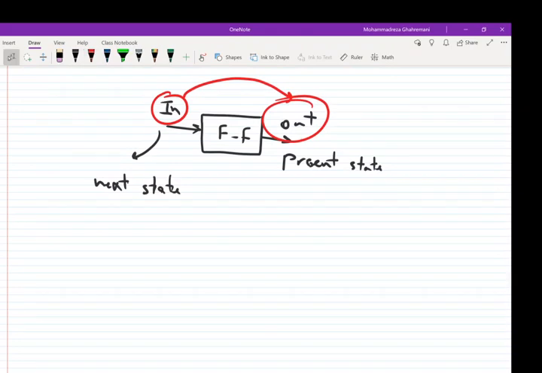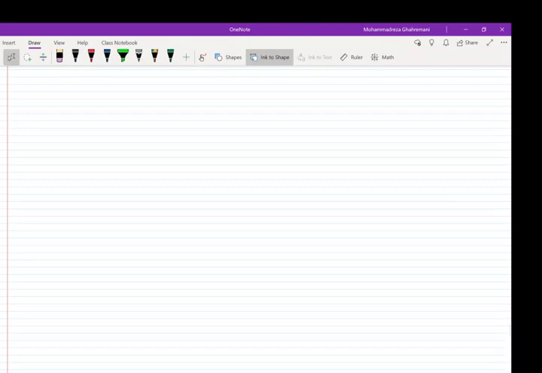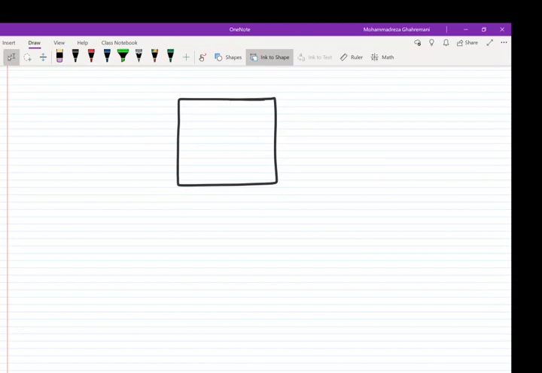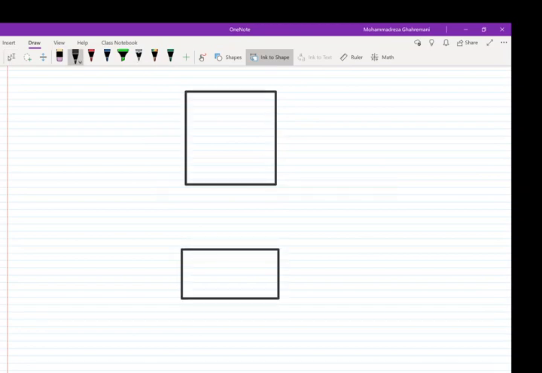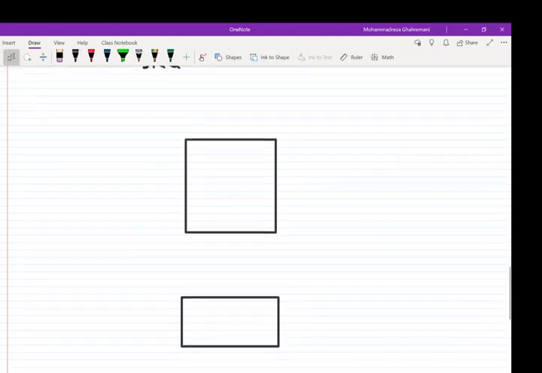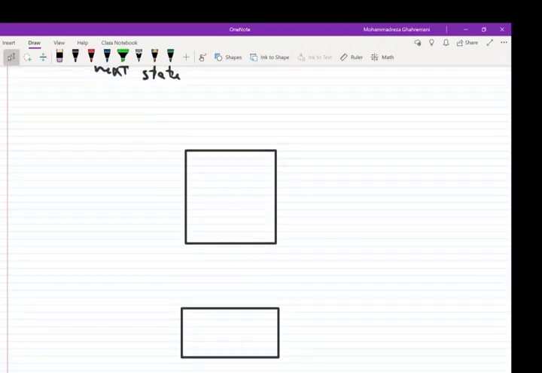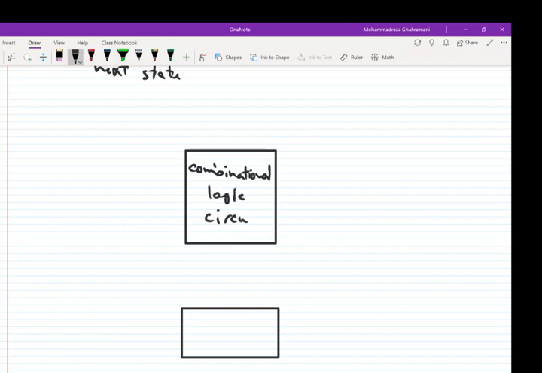So let's see a general form of a sequential circuit. The general form of a sequential circuit is in this form. We have two circuits. One on the top is the combinational logic circuit.